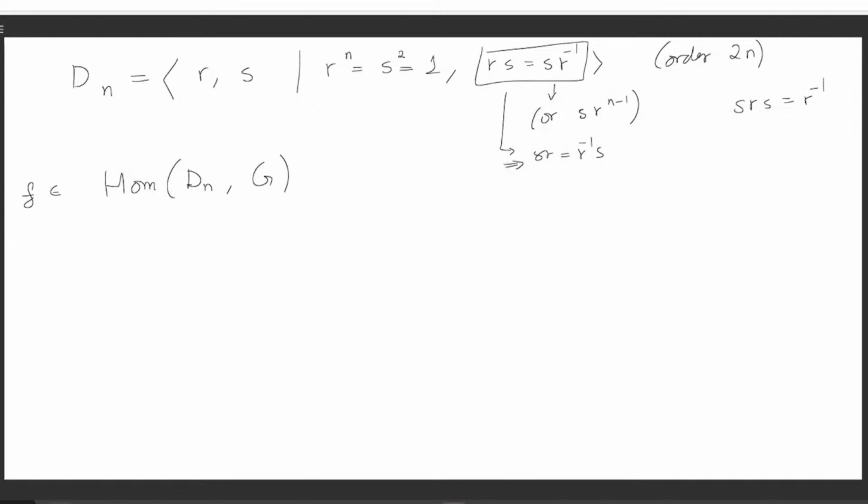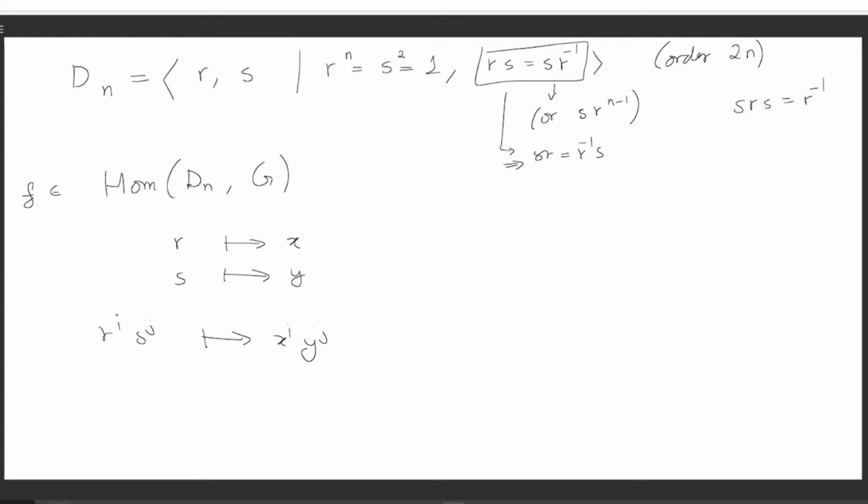R and S, because as soon as you decide, say R goes to some X and S goes to some Y. Now you already know that every element can be written in the form R power I S K. So this has to go where? X power I, Y power K. So every homomorphism from Dn is determined by these two images only. So you just have to say where R and S go.